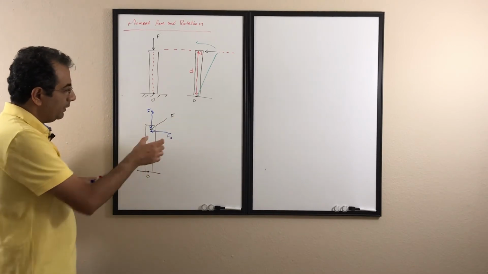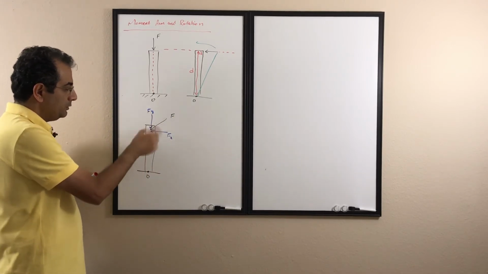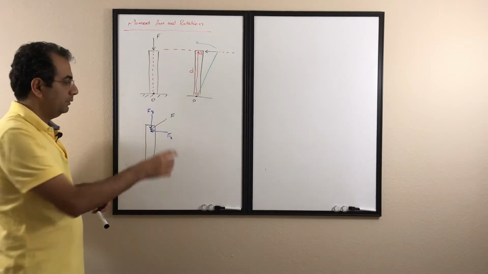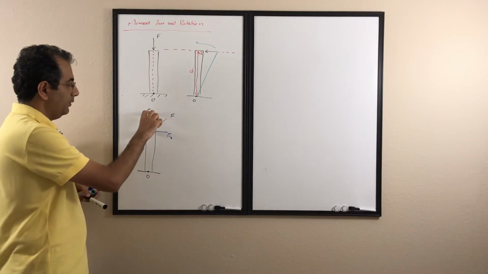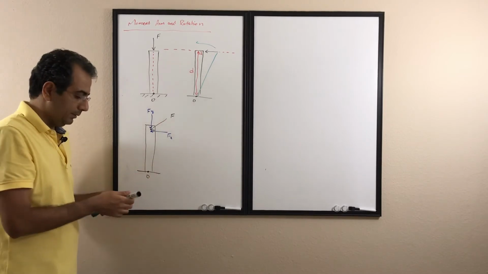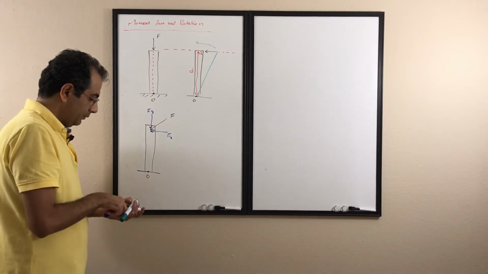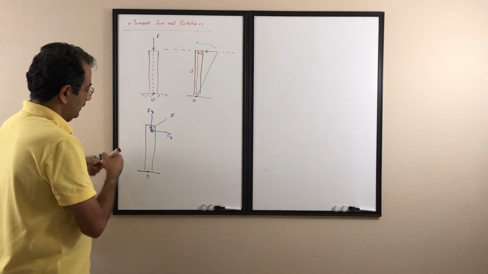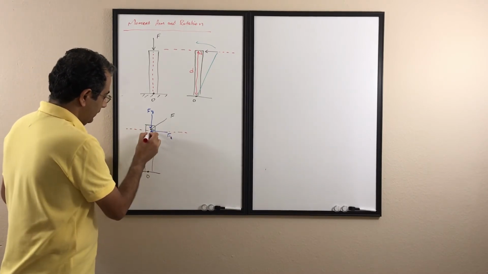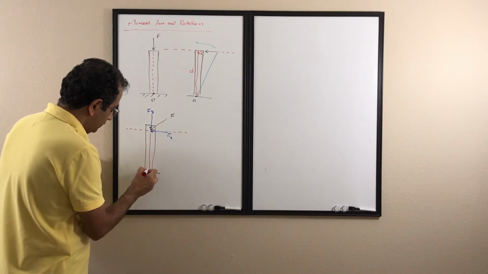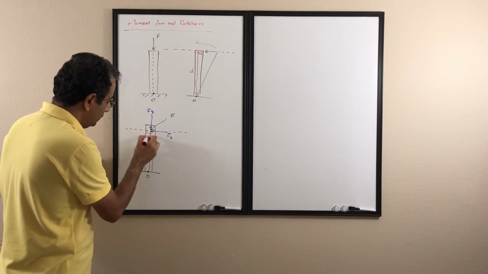Now I will find the moment for each of them and add them together. So instead of finding the moment for the F, I find the moment for the Fx, then the moment for Fy, and then add them together. I start with the Fx. Again, draw the line of action for the Fx, and then draw the line from the point perpendicular to the line of action.